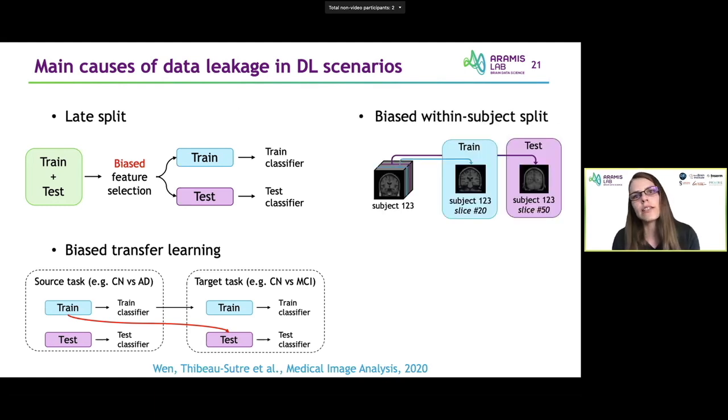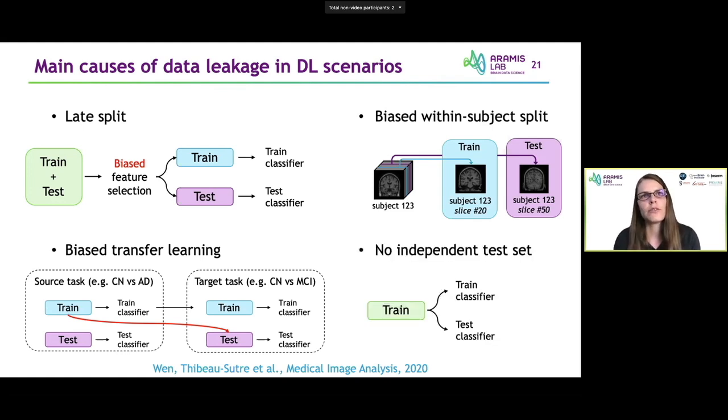Not splitting the dataset at the subject level when defining the training, validation, and test sets can result in data from some subjects appearing in several sets. This problem can occur when patches and slices are extracted from a 3D image, or when images of the same subjects are available at multiple time points.